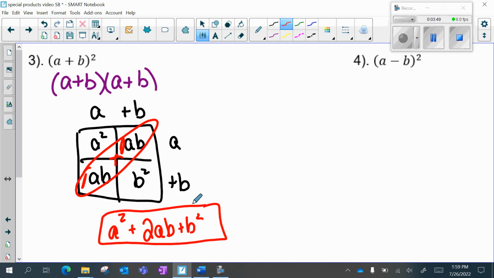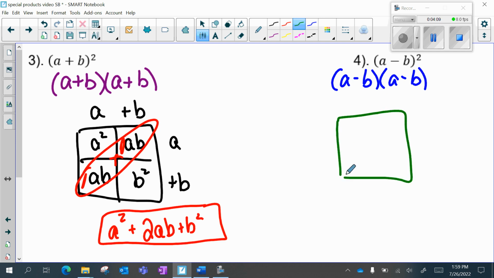And then the same thing with number 4. This could be expanded to be a minus b times a minus b. Hit pause on the video, give this one a try on your own, and then hit play to check your work. Running through this one again quickly since you're just checking your work.